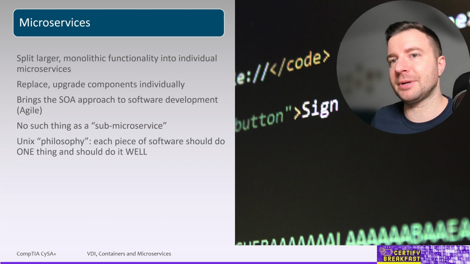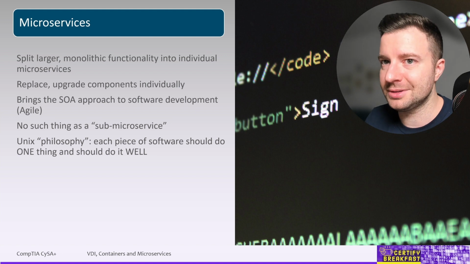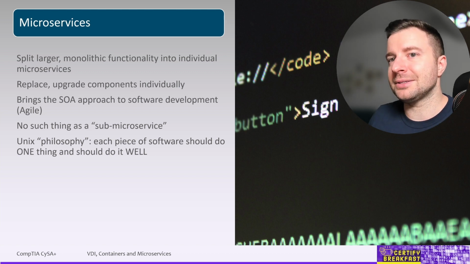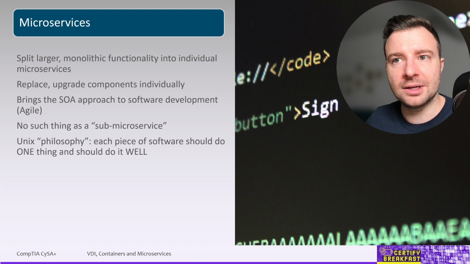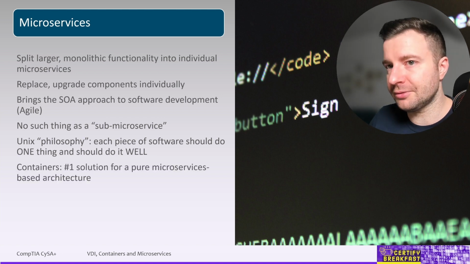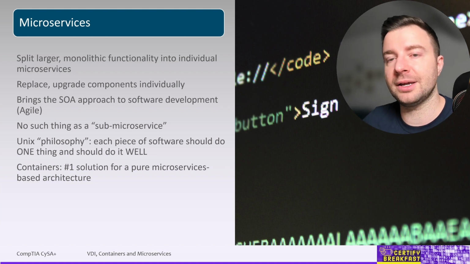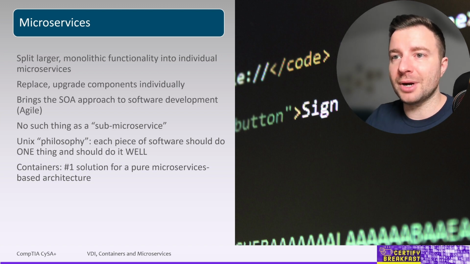The concepts behind microservices also closely relate to, first of all, agile development, and secondly, to the Unix philosophy, which you might have heard about. That is, each piece of software should do just one single thing and should do it extremely well. And the good news is that cloud environments are extremely friendly with this approach, and regardless of where they are implemented, containers are the number one solution for a pure microservices-oriented architecture.